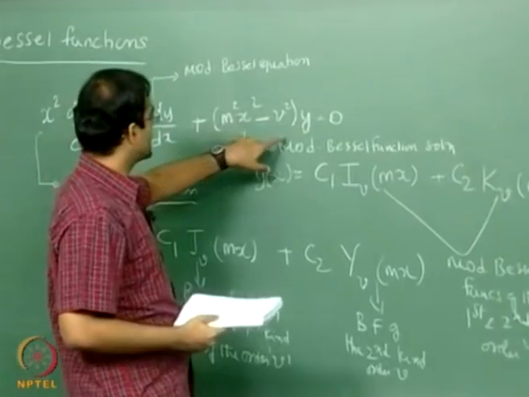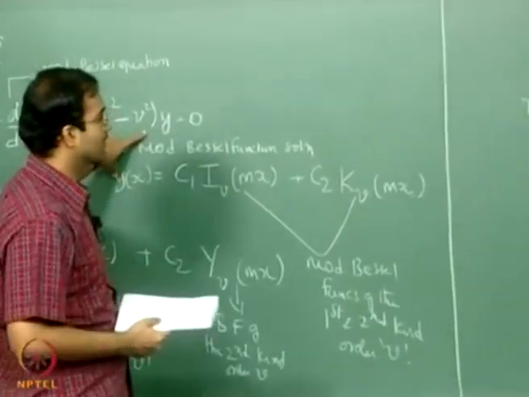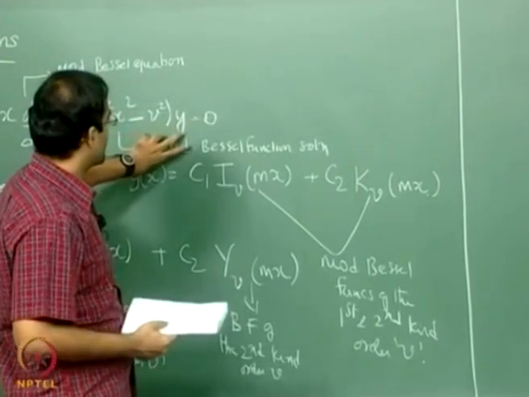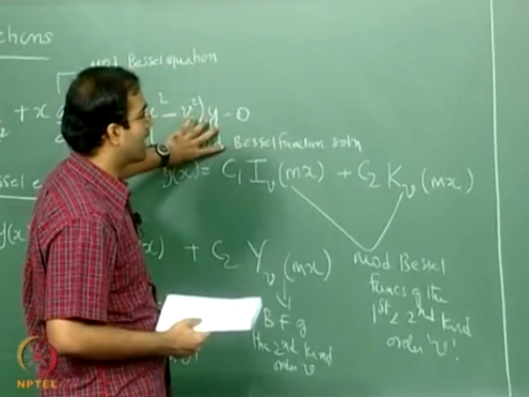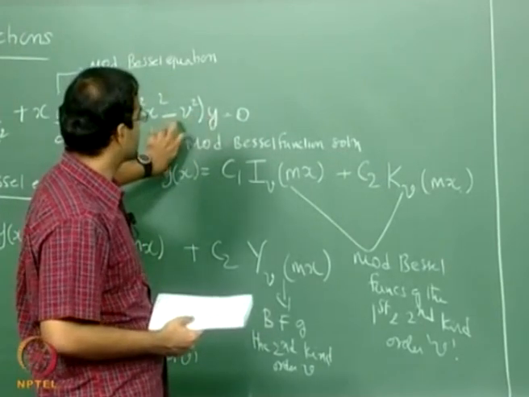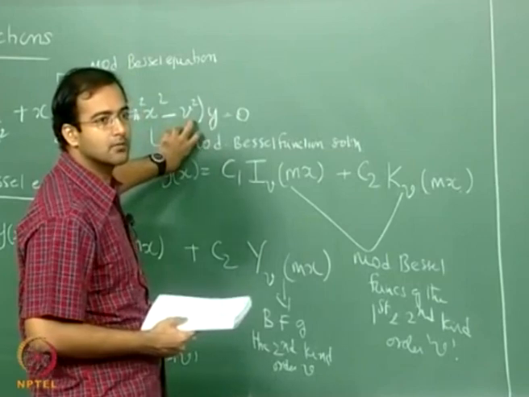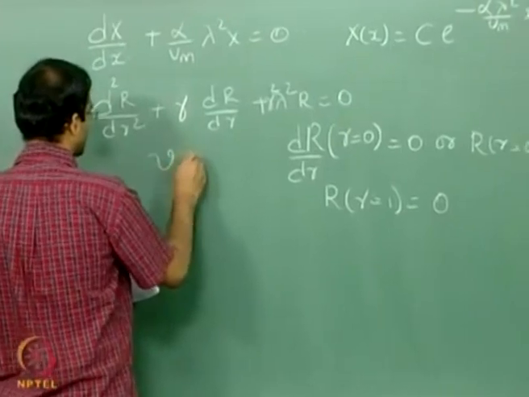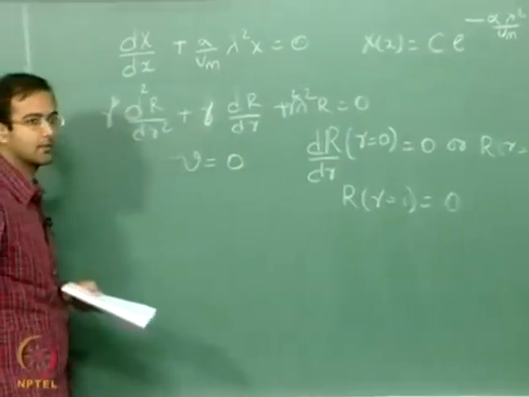Now as far as this coefficient is concerned, you have m square x square y, instead of that you have lambda square r square capital R, and there is nothing like a nu here, the nu is equal to 0. So therefore the order of the Bessel functions is 0th order.